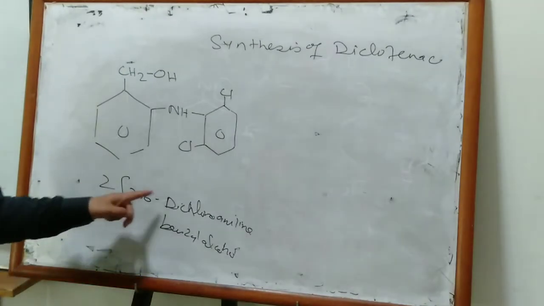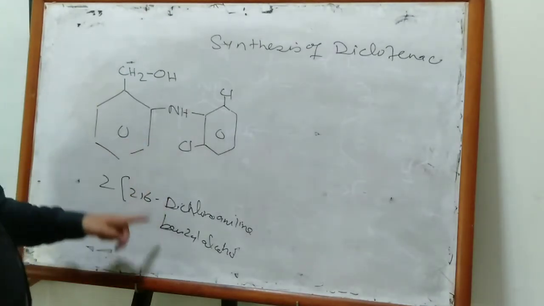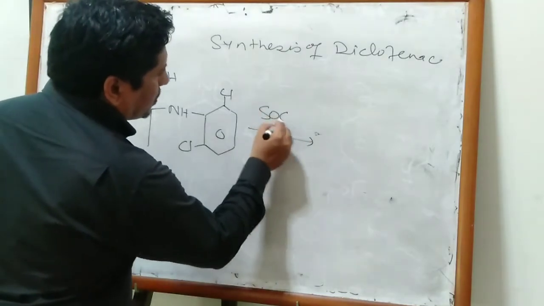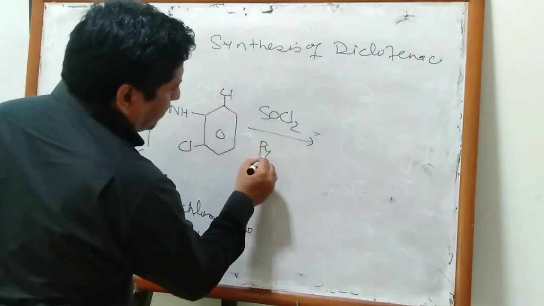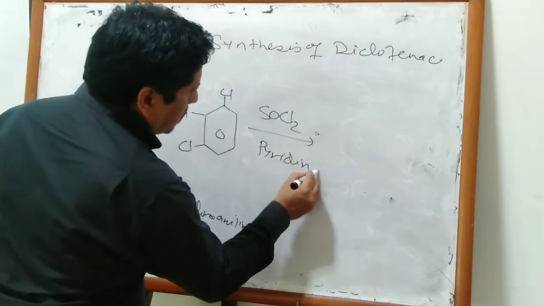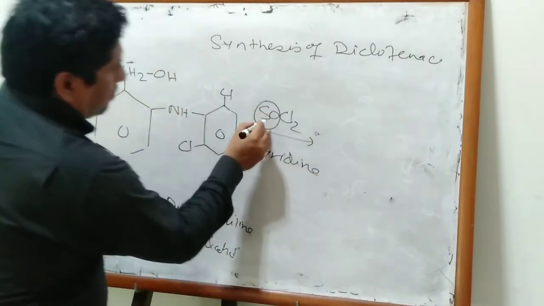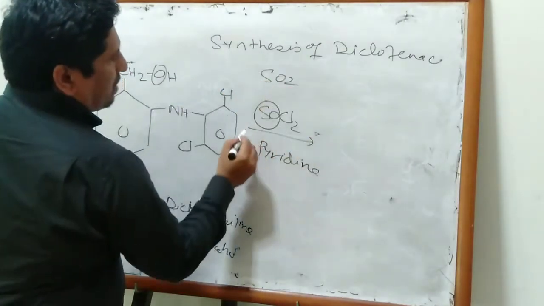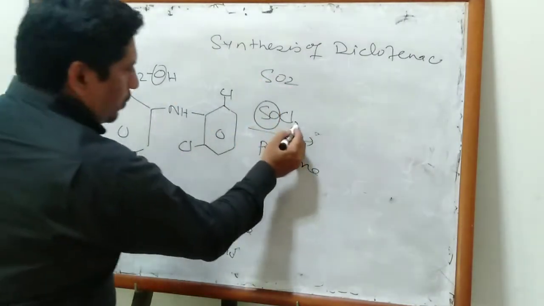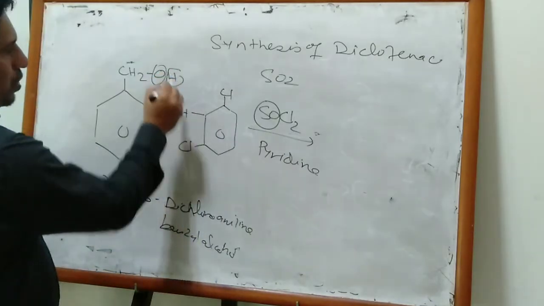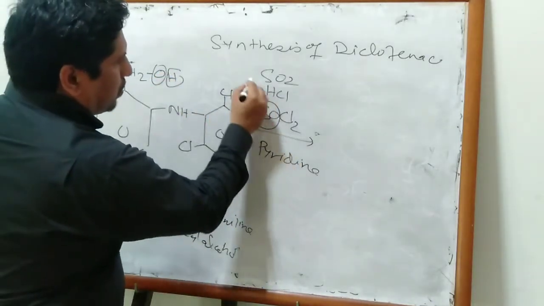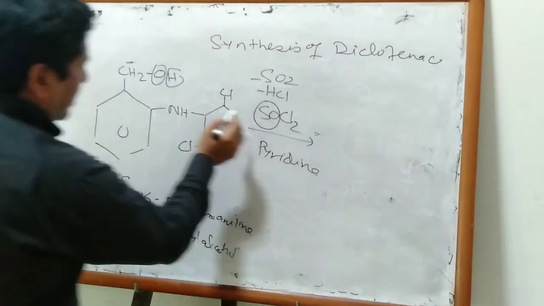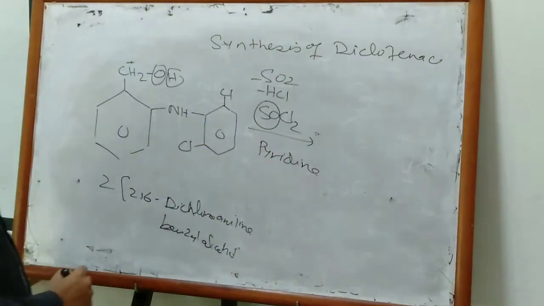When that 2,6-dichloroanilino benzyl alcohol is reacted with thionyl chloride, SOCl2, in the presence of pyridine, sulfur monoxide will get attached with oxygen to form SO2 as a byproduct, sulfur dioxide. One of the Cl will get attached with a proton to form HCl. Both will be removed as byproducts, and one of the Cl will get attached to that methylene carbon.